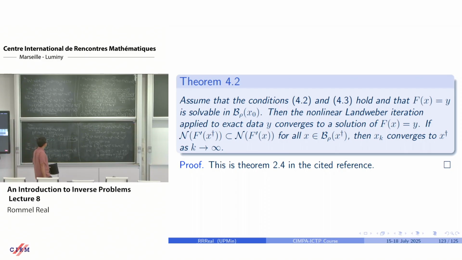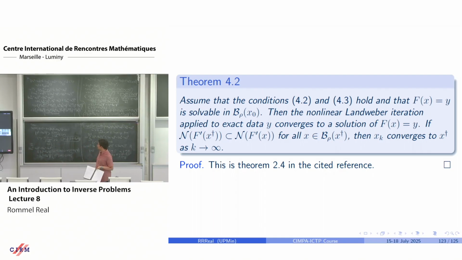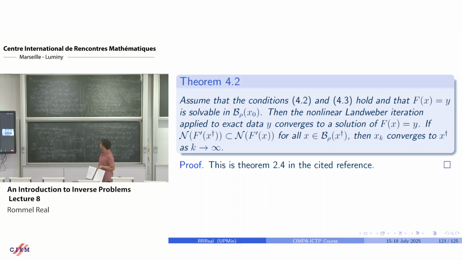So as usual, assuming that the scaling condition and the nonlinearity condition hold, and assuming that our nonlinear equation problem is solvable with a solution in this neighborhood of x sub 0, then the nonlinear Landweber iteration applied to the exact data y must converge to a solution of our nonlinear equation.